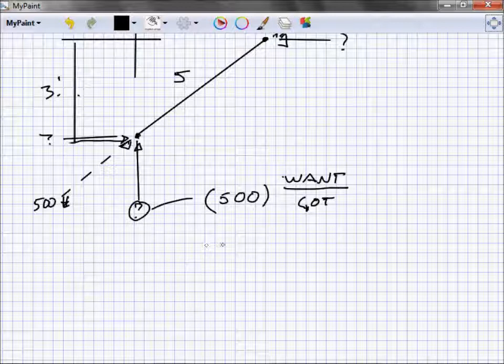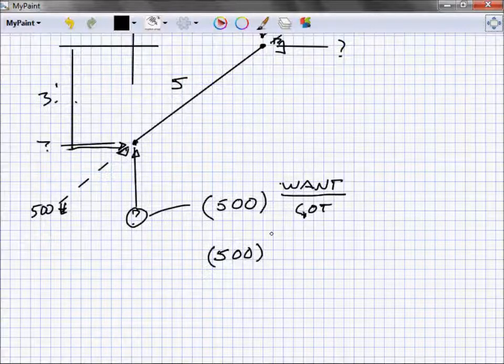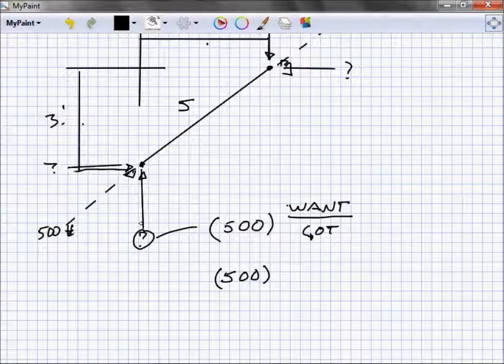The load I've got is 500 pounds. What I want is the vertical component of that, which is equivalent to this 3 feet. So I want it in the 3 foot direction. What do I got? Well, I got a 5 foot direction. And so that's equal to 500 times 3 divided by 5, 300 pounds.